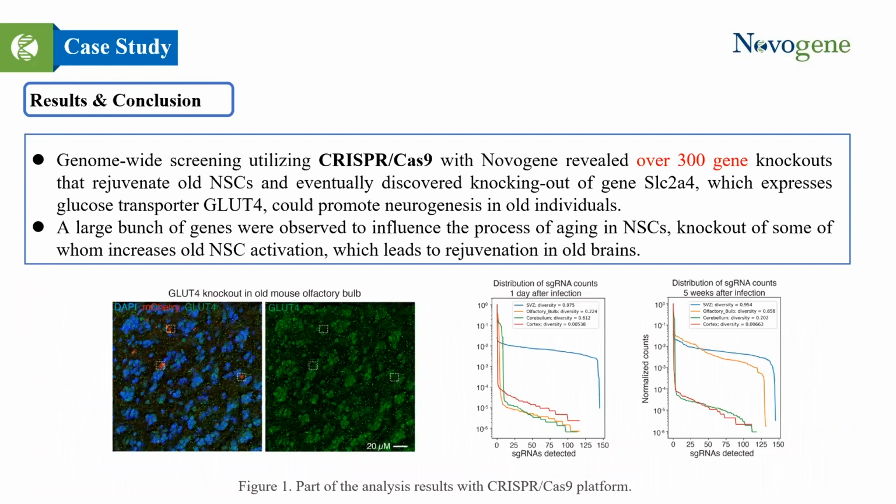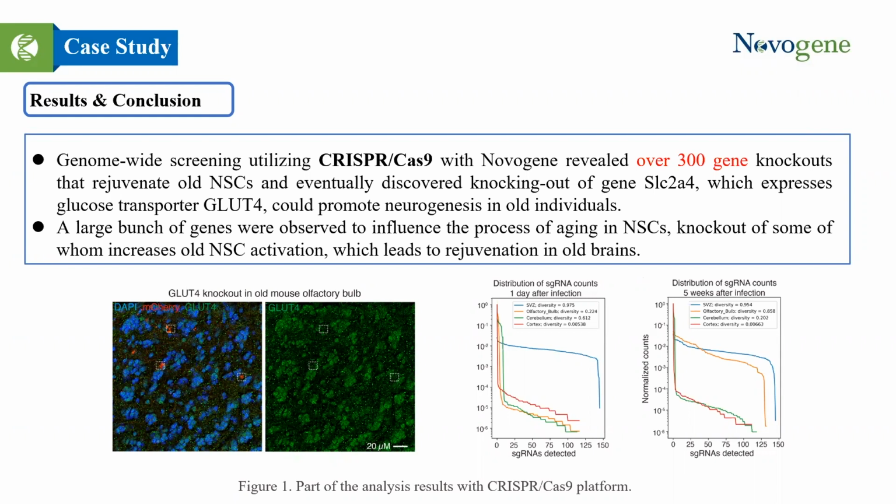As a result, CRISPR-Cas9 platform revealed over 300 gene knockouts that rejuvenate old neural stem cells and finally determined the specific gene that promotes neurogenesis in old individuals.